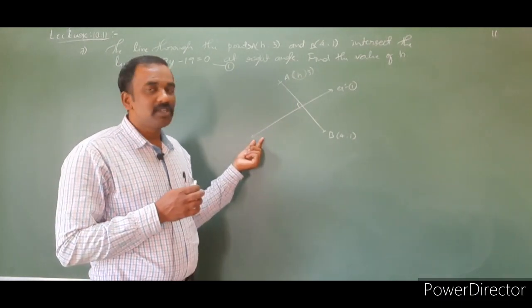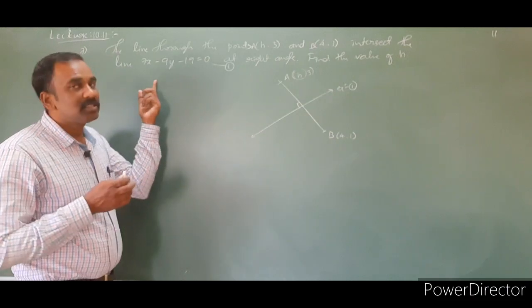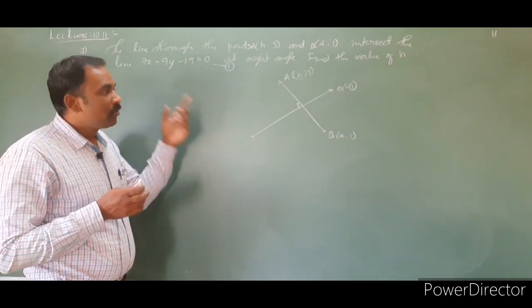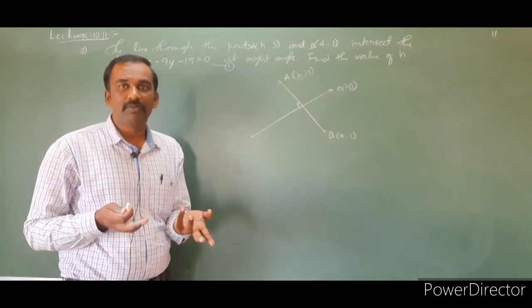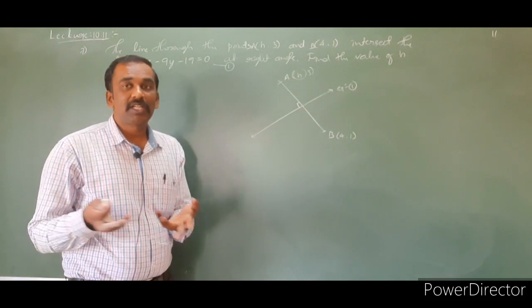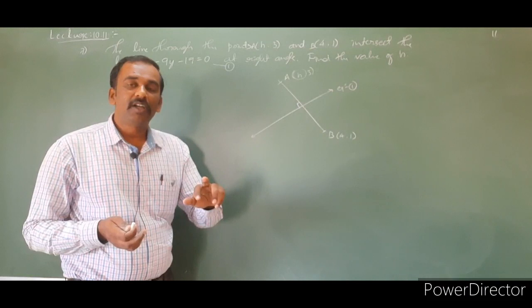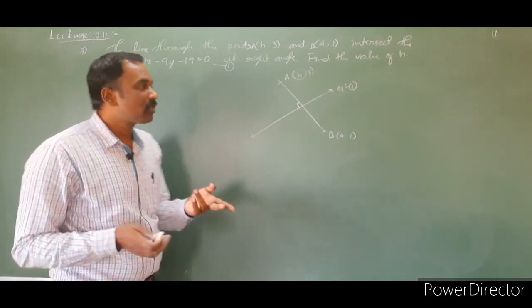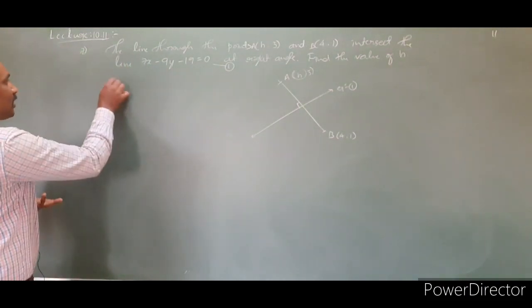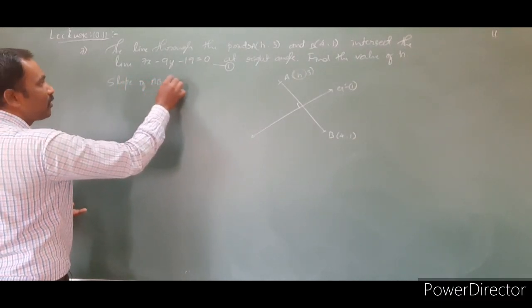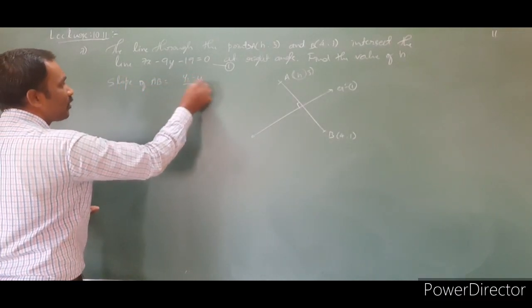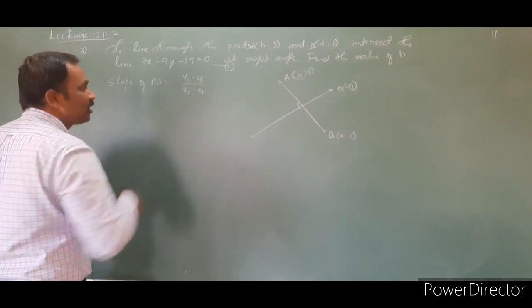Already the equation number 1 is given, general form is there, that means we can easily get the slope. Whenever two lines are mutually perpendicular, then what is the condition of their slope? Product of their slope is equal to minus 1, or their slopes are negative reciprocal to each other. So I just find that. First of all, slope of the AB. What is the slope of AB? Formula y2 minus y1 divided by x2 minus x1.